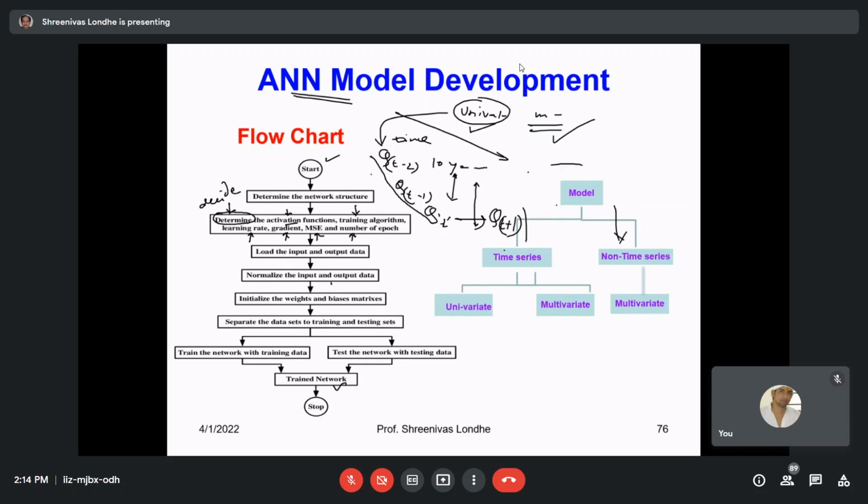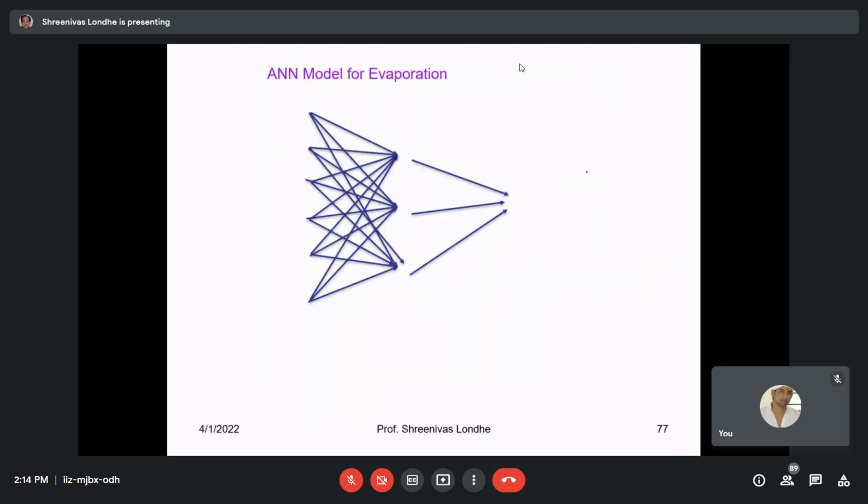Okay, so these are some conceptual things about model development. Now let us see one particular model, an ANN model for evaporation, and how we can develop it. Whatever we have discussed, my inputs I will consider as maximum temperature, maximum humidity, minimum humidity, then maximum daily sunshine, minimum temperature, and the last one is wind speed.